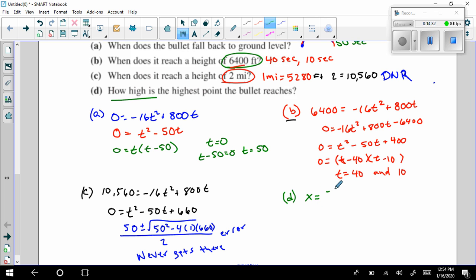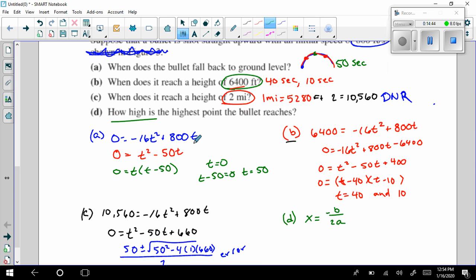So that formula is x equals negative b over 2a, or in this case, t equals negative b over 2a. And so we're going to use this equation here because it's simplified and it doesn't matter.